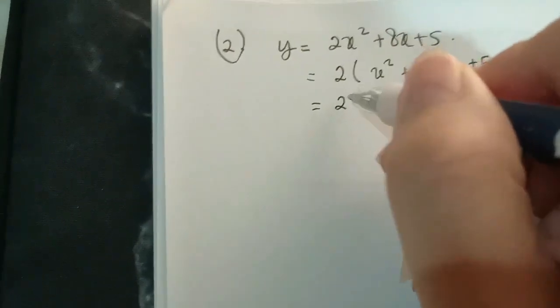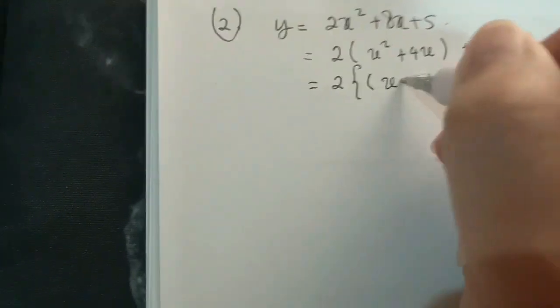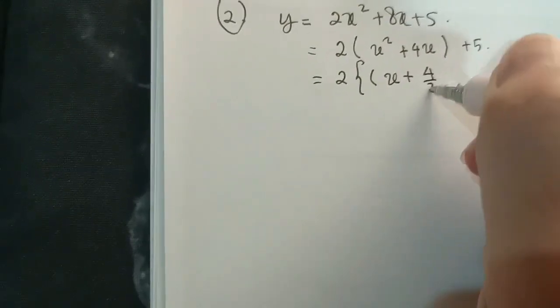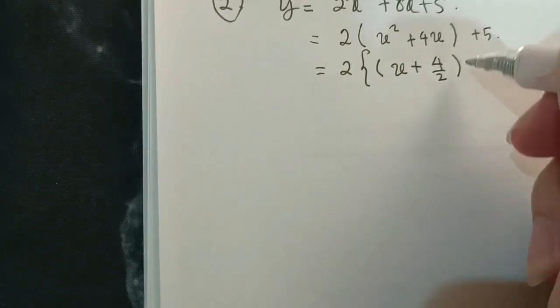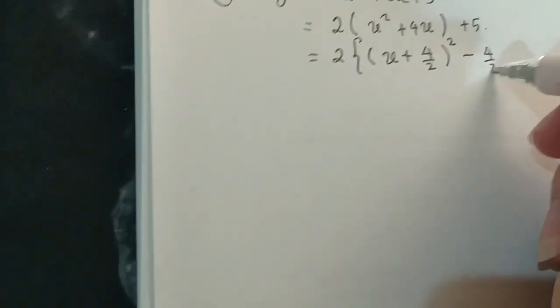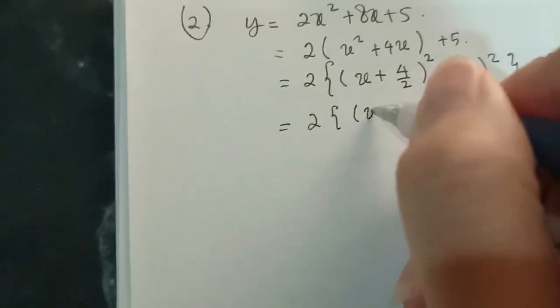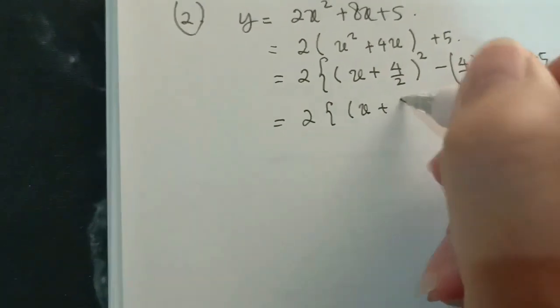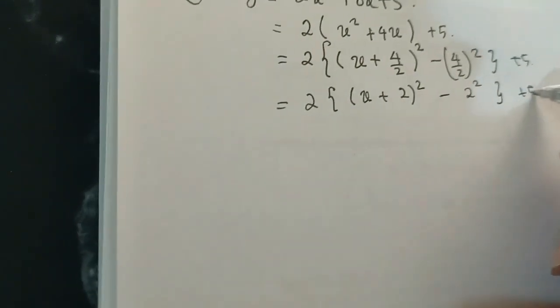Don't forget, because there is 2, we have to give another bracket. x plus 4 per 2. The x is gone, this square is gone. We replace it with this one, minus (4/2)². Close it. Plus 5. 2 in the bracket (x + 4/2)² - 2² in the bracket, plus 5.